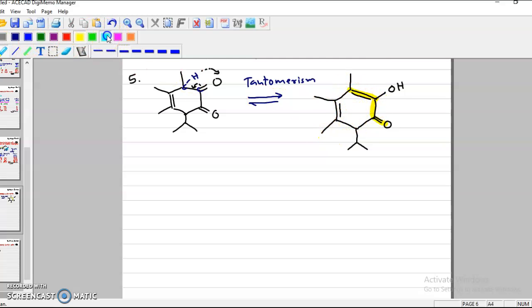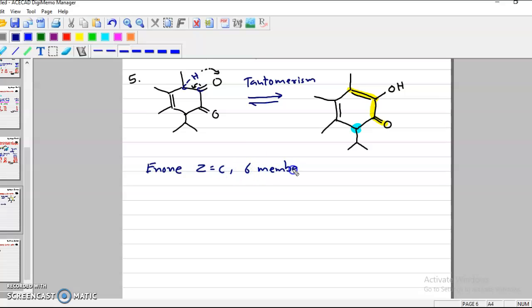So where is Z? This will be Z, and the Z is carbon, but it is a part of a 6-member ring. So now our system is enone with Z equal to carbon, and this carbon is in a 6-member ring.